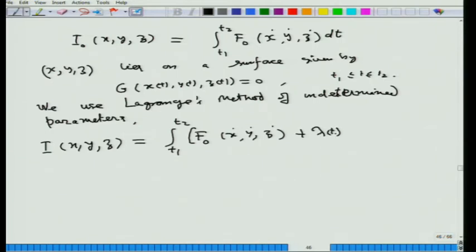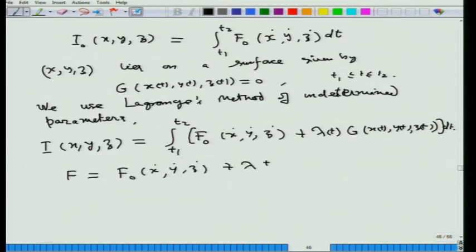Here lambda will be a function of t in general, times g of x t, y t, z t. So, here the integrand is f, which is f 0 of x dot, y dot, z dot plus lambda t g of x t, y t, z t.